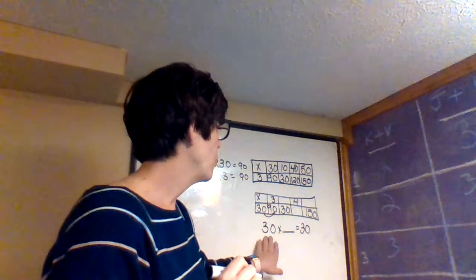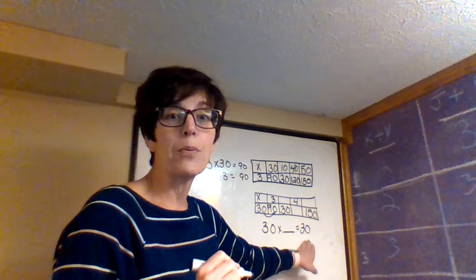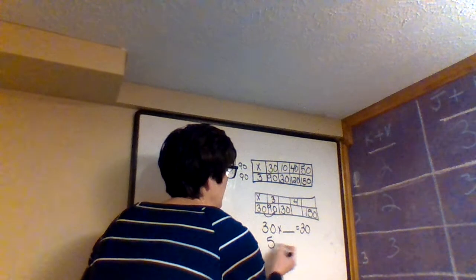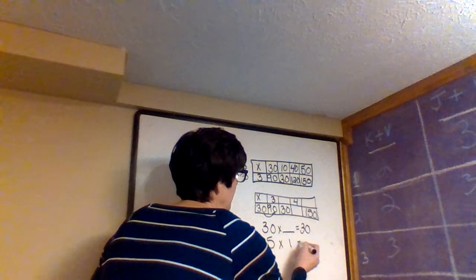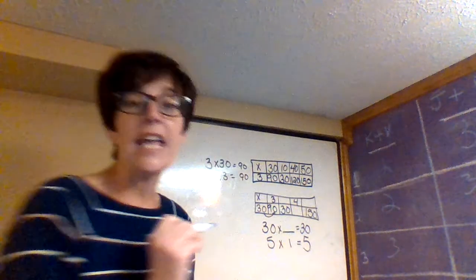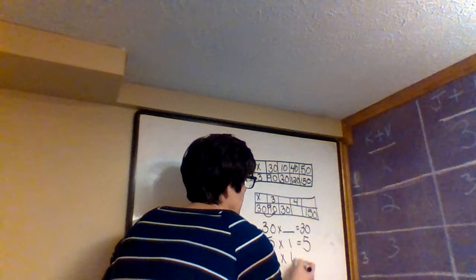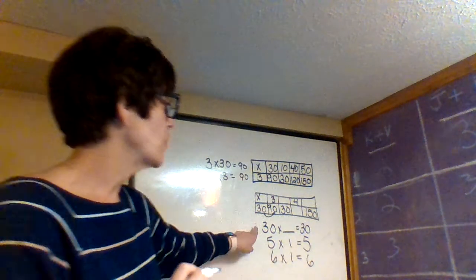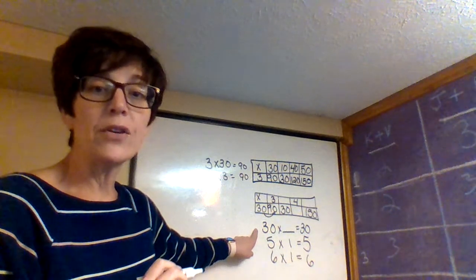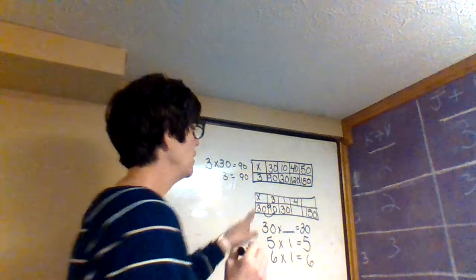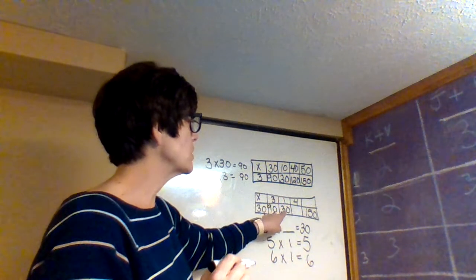That if one of the numbers is the same as the product, like this, 5 times 1 equals 5. 6 times 1 equals 6. So how many groups of 30 make 30? It's just 1. 30 times 1 equals 30.